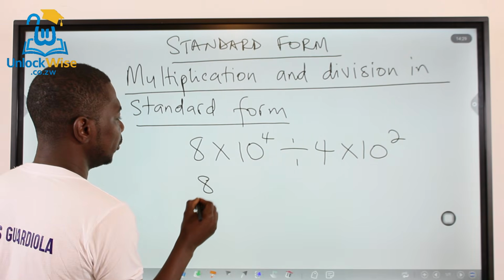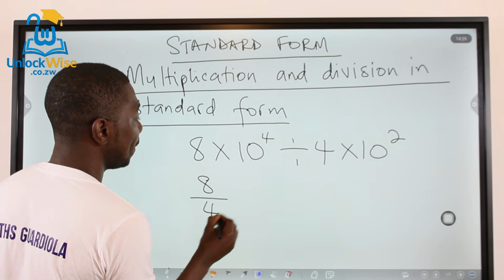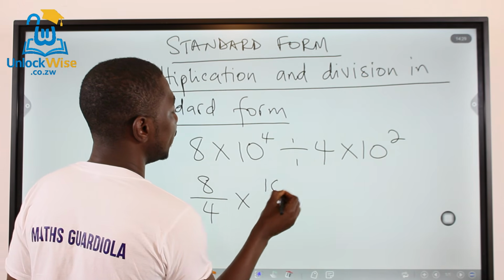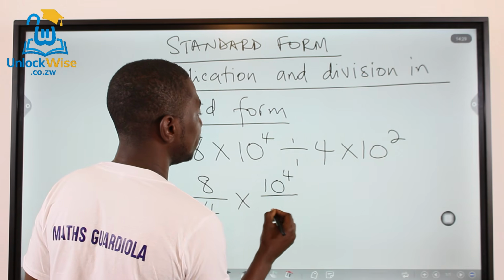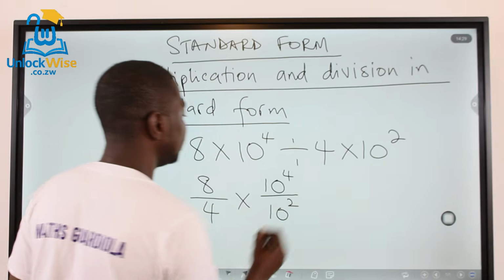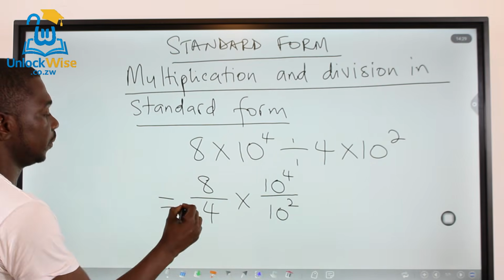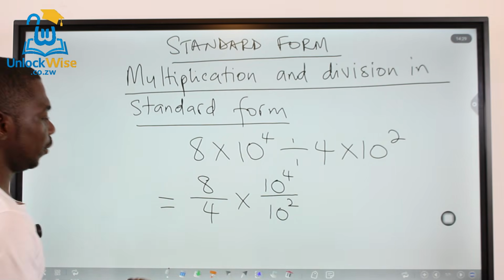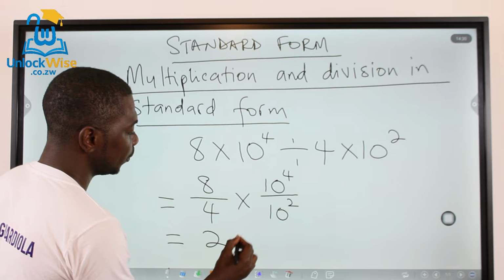Basically, numbers are going to divide each other and powers of 10 are going to divide each other. And 8 divided by 4, we are going to get 2.